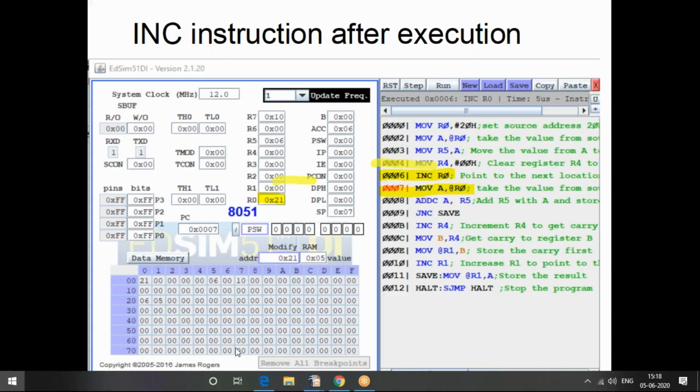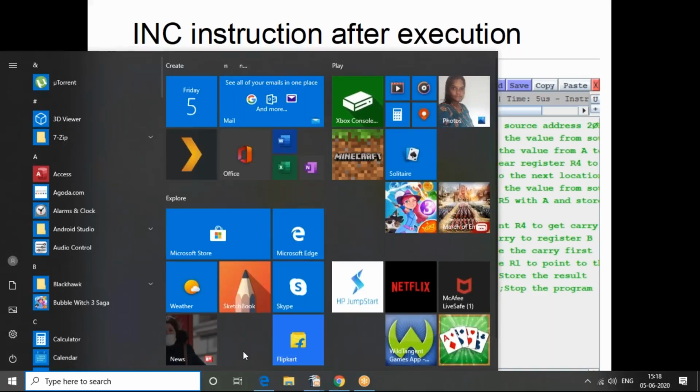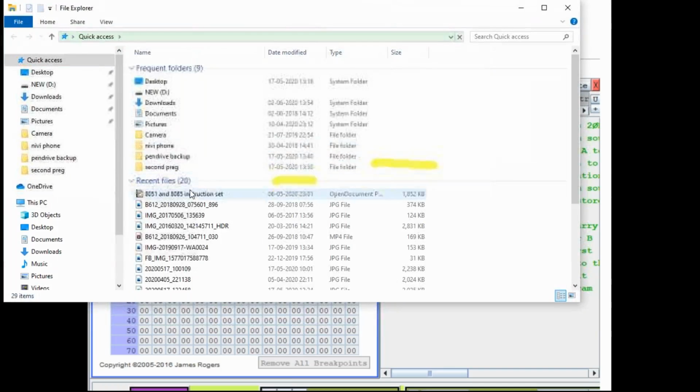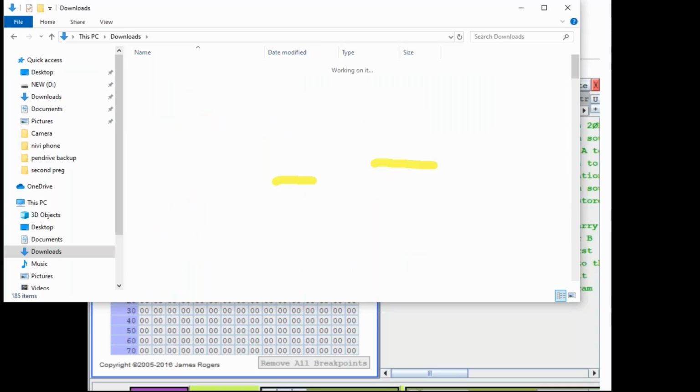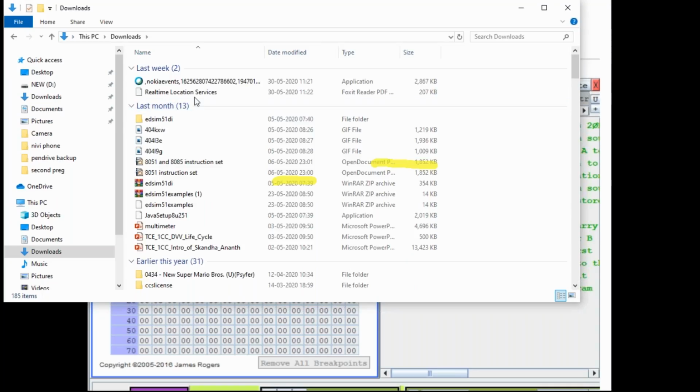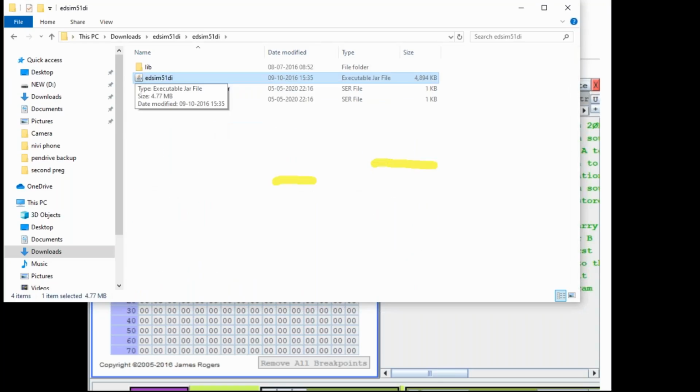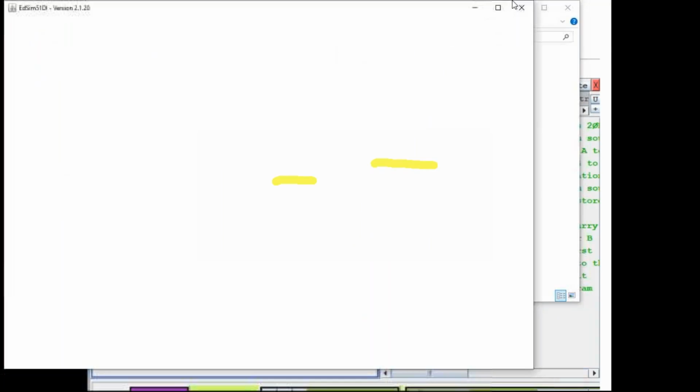I can quickly show that on a simulator as well. The simulator is pretty simple. I just downloaded the simulator from the link. I'll post the link on the chat. This is where I downloaded it. I just extracted it and ran this Java library. I think it requires a Java runtime, so as long as you can install that, the simulator should work seamlessly.